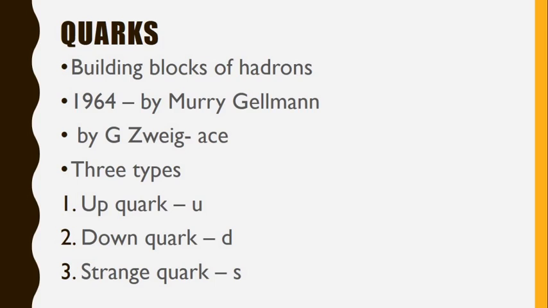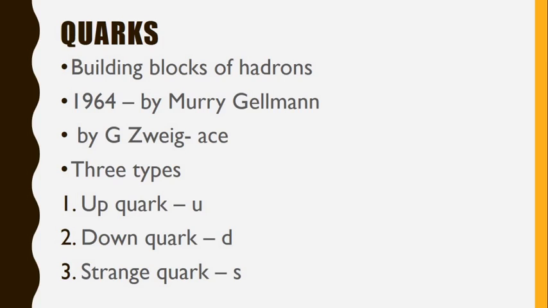This concept was given by Murray Gell-Mann in 1964 and also by G. Zweig. The name quarks was given by Murray Gell-Mann, and Zweig gave it the name aces.